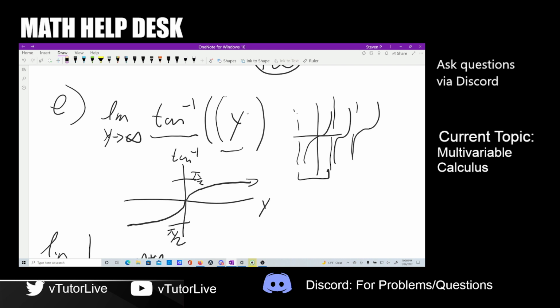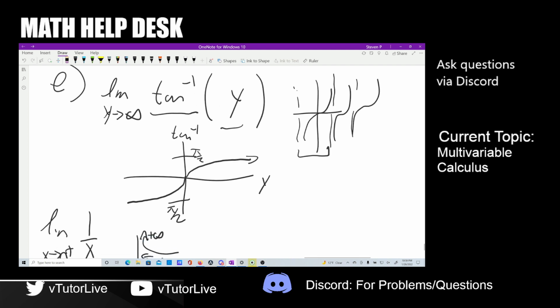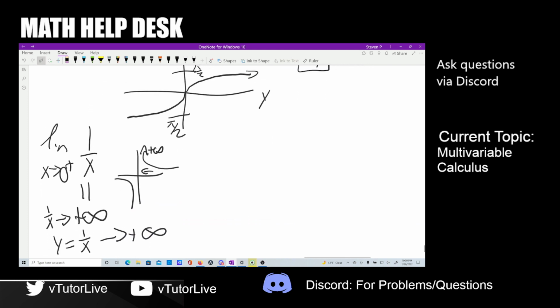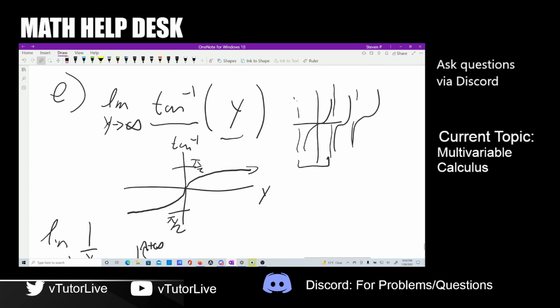You see what I did there? I just replaced 1 over x with y to make this a little bit more clear. But at this point, it's just asking what the behavior is when y goes to infinity or when x goes to 0 from the right. And that's just going to be positive pi over 2. That's your answer.